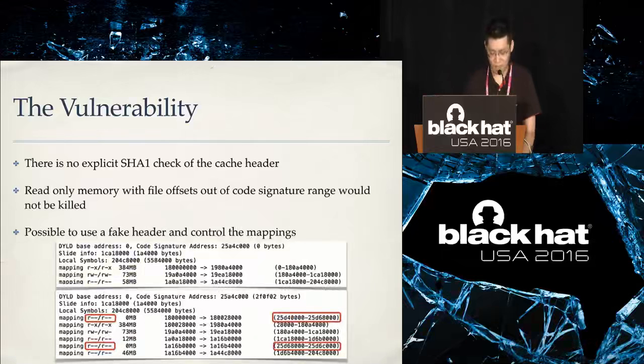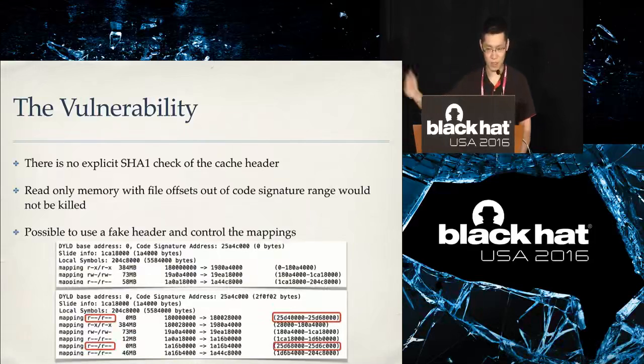So what we did is put a fake header which is marked R, read only. After you control the header, you can control the mapping. These are two snapshots: the first one is the mapping information of the original shared cache, and the second one is the one we patched in Pangu 9.